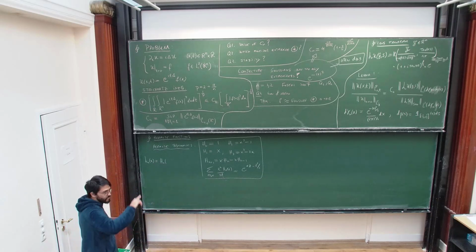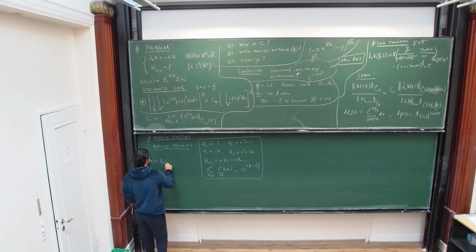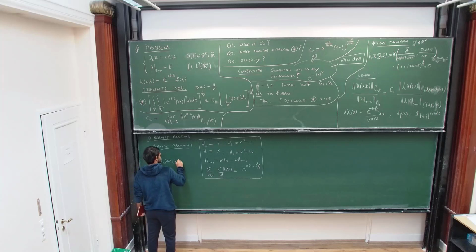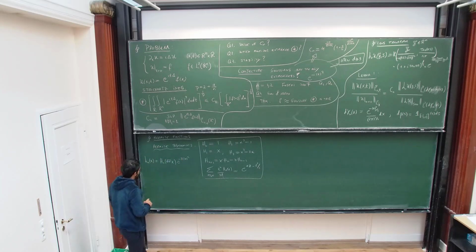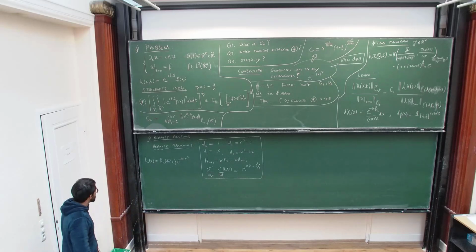I'm working with the Fourier transform with the 2 pi, so I have to put root 4 pi here. So those would be the Hermite functions.